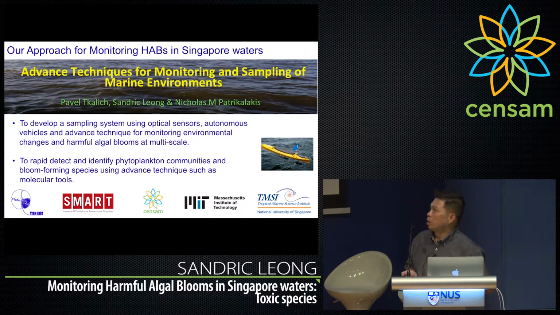Our goals are to develop a sampling system using optical sensors, autonomous vehicles, and advanced techniques for monitoring environmental changes, algal bloom movement patterns and dynamics, and also to rapidly detect and identify plankton or bloom-forming species using techniques available, such as molecular tools, which we will show later.